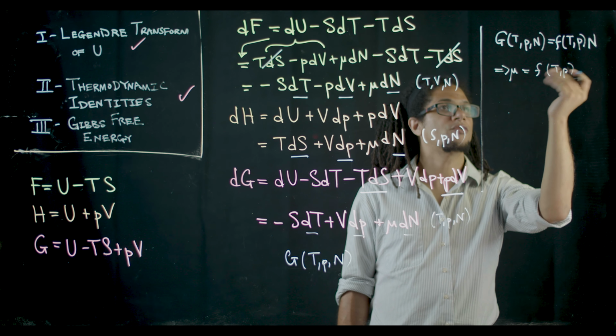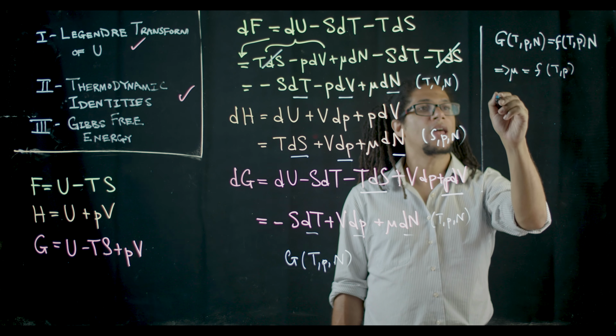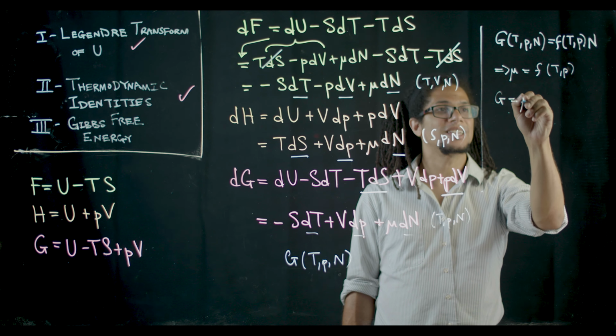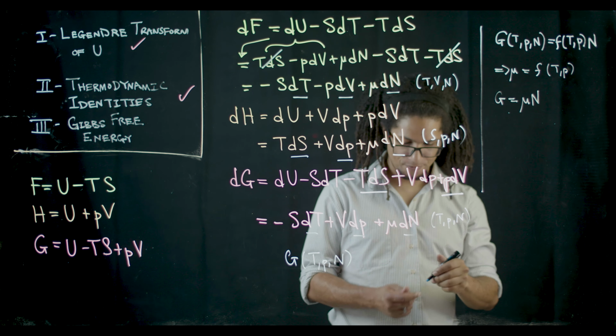Since this was a linear function, this all makes sense. And we find that G is exactly equal to mu times N.